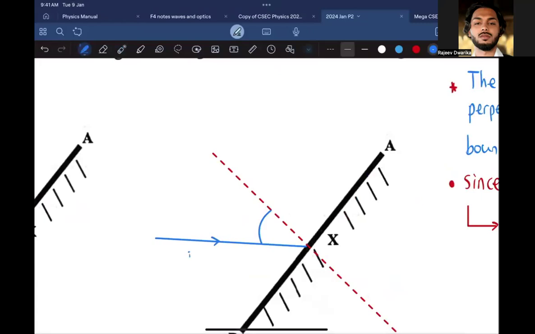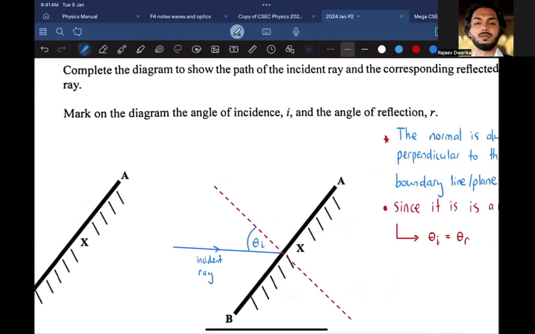So this is the incident ray, right? And it's going to be theta I. And when you're drawing the refracted ray, well, in this case, it's a reflected ray, you need to make sure the angle looks about the same, right?